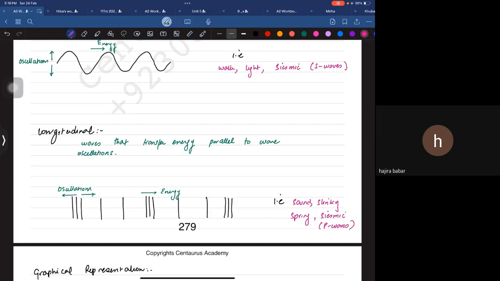Is it clear, kids? Any questions, please let me know. Now, in these waves, you would generally find crests and troughs, which are the bottom points. In these waves, you will find compressions, and these would be rarefactions. So spaced out ones are rarefactions, the closed ones are compressions.